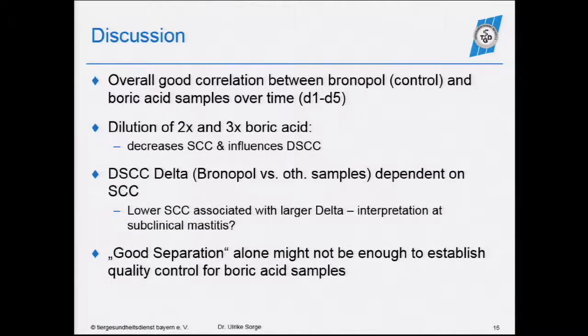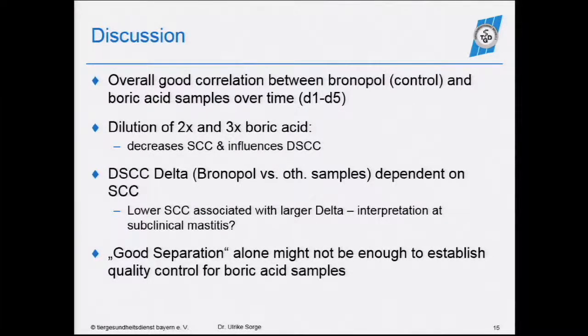So overall, I would say if you have good samples, the overall correlation between Bronopol and boric acid was good, also over time. But you really have to make sure that the dilution or the mixture of boric acid and milk is proper, because both can influence the somatic cell count and also the DSCC.